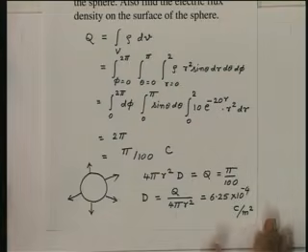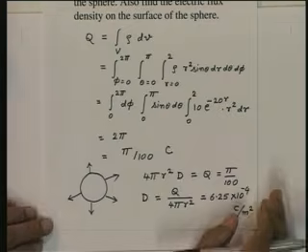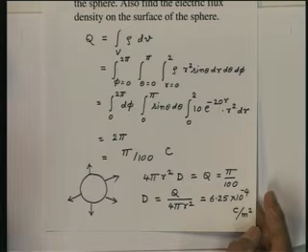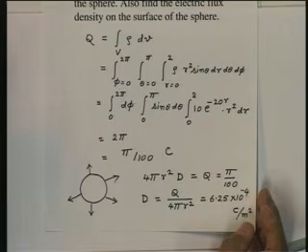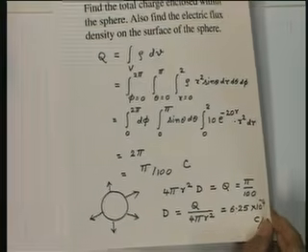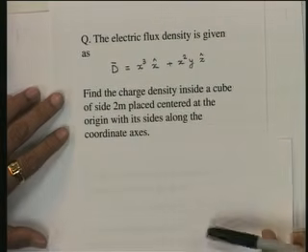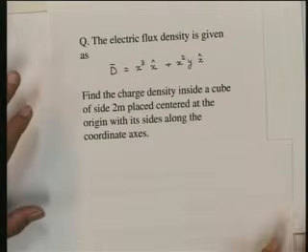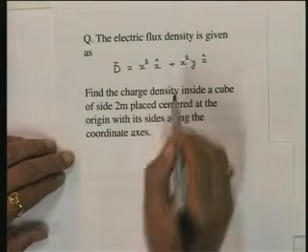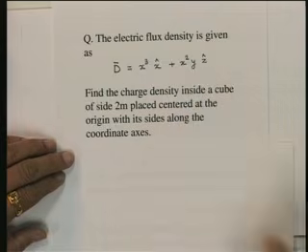So, in this simple problem, the electric charge density was given inside a spherical volume, and we were to find out the total charge enclosed in that volume, and also the electric flux density on the surface of the sphere. Let us consider another problem, and let us say now the problem is that the electric flux density is given as D is equal to x cube x cap plus x square y z cap.